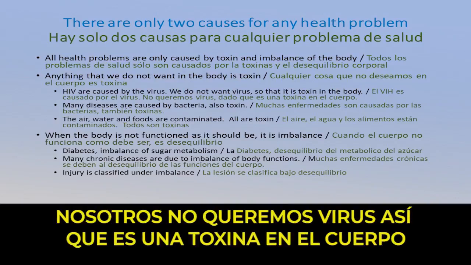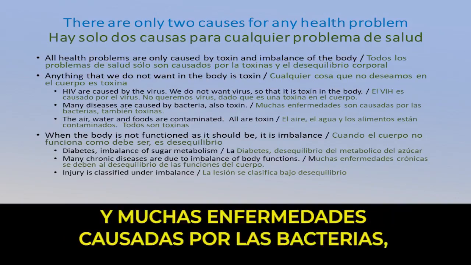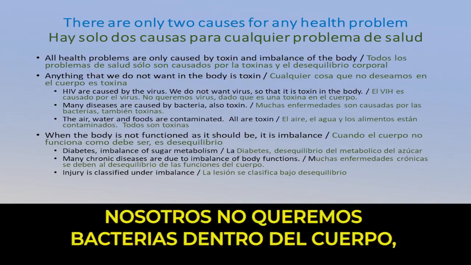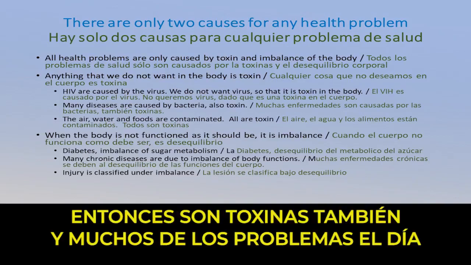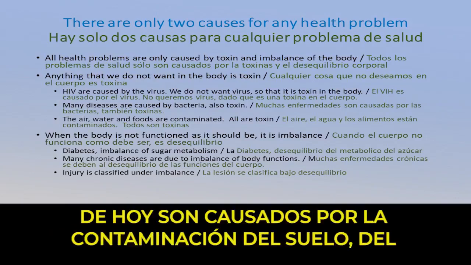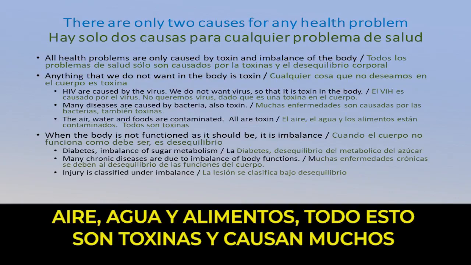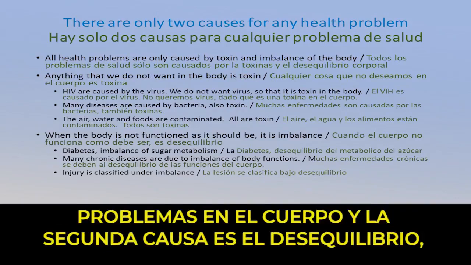We don't want a virus, so it is a toxin in the body. Many diseases are caused by bacteria, and we don't want bacteria inside the body. It is also toxin. Many problems nowadays are also caused by the contamination of the air, water, and foods. All these are toxins, and they cause a lot of problems in the body.